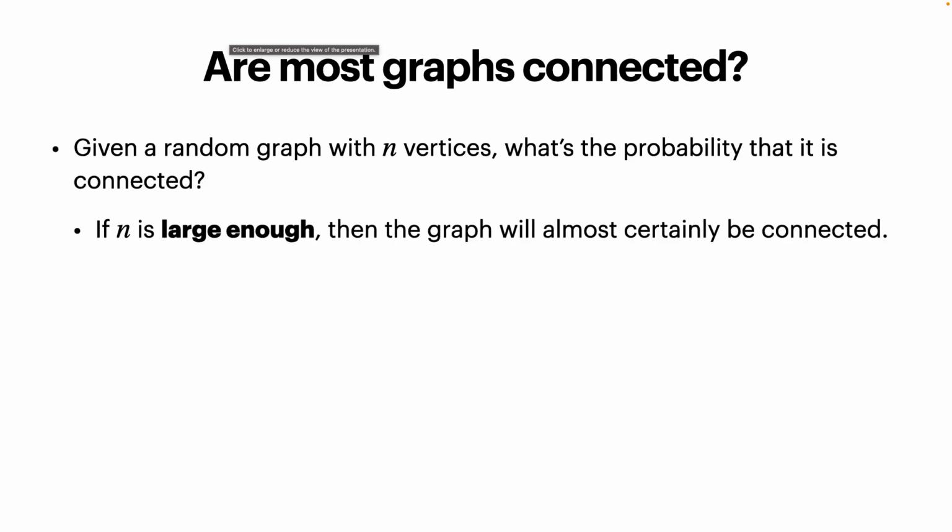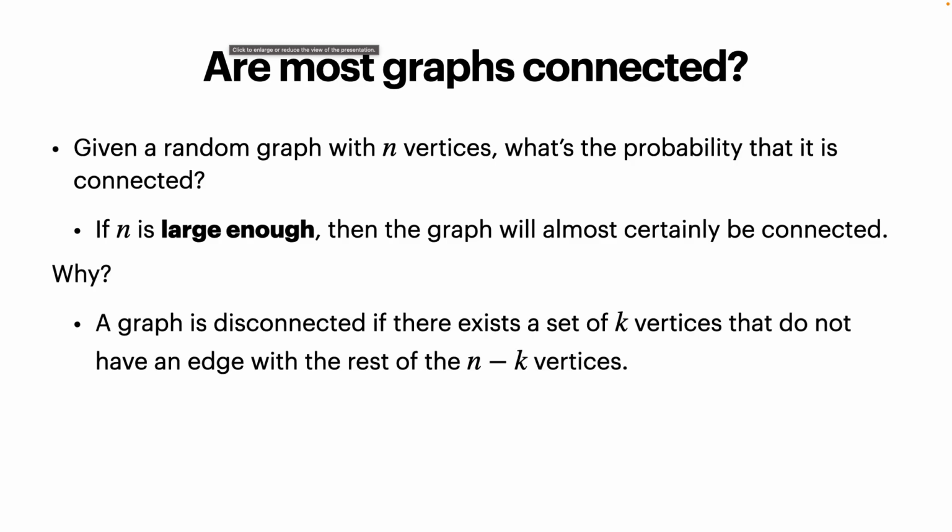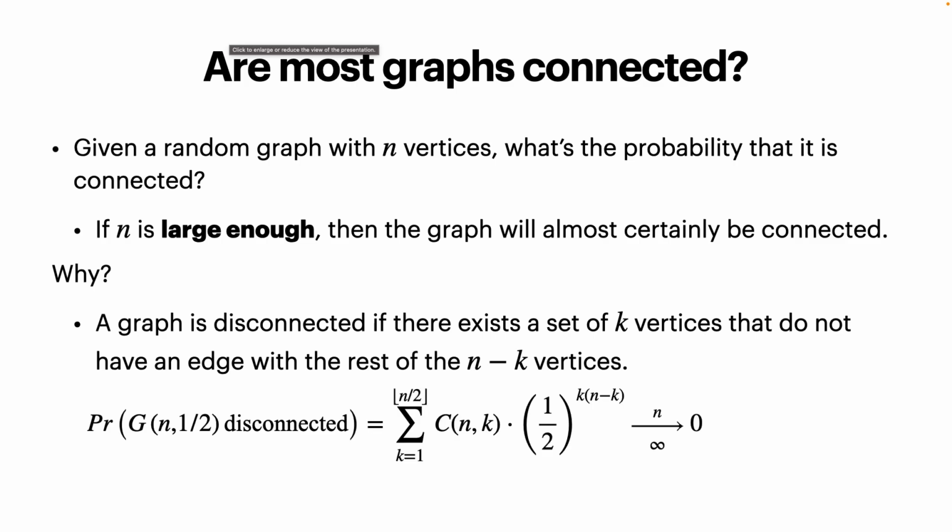The reason is that for a graph to be disconnected, there must exist a set of k vertices that do not have an edge with the rest of the n minus k vertices. So the probability of a random graph being disconnected can be written as this expression. We sum k from 1 to n over 2, which covers all the cases where 1 to n over 2 vertices are separated from the rest of the n minus k vertices.